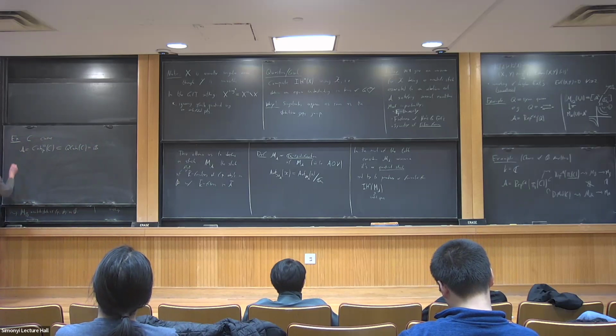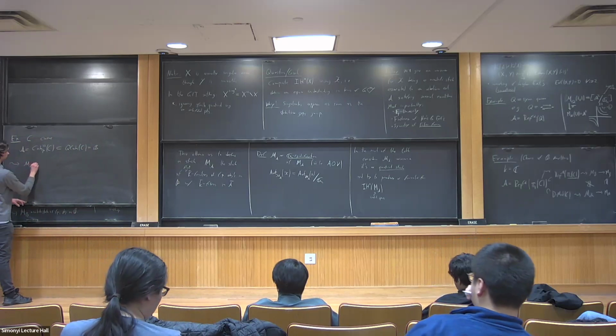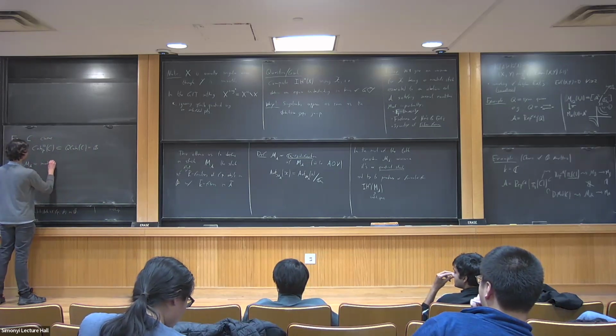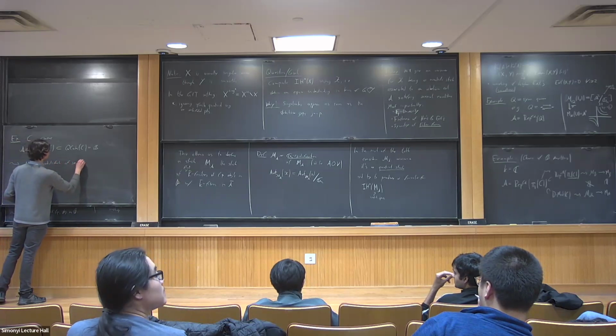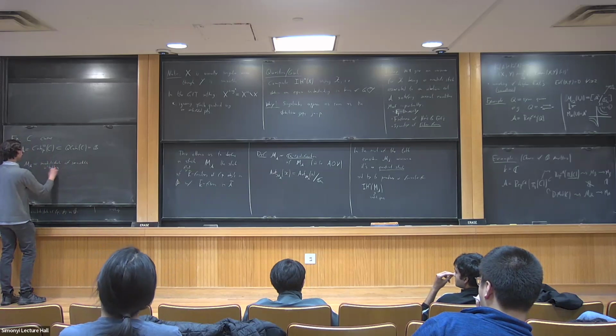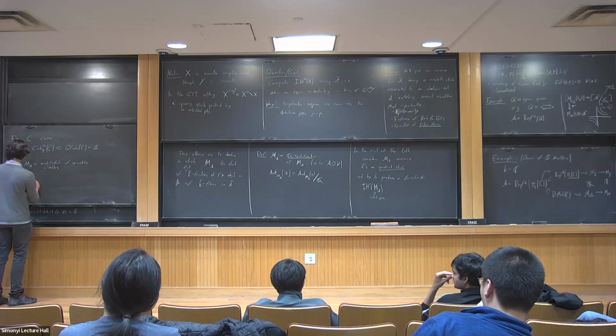And so just consider M_A here. You just get the usual moduli stack of semi-stable vector bundles, mapping to the classical moduli space.